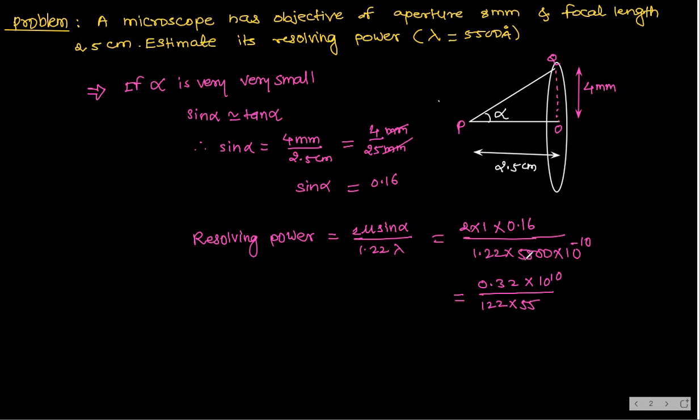These two zeros means this 122 into 55, right? तो अब ये जो 0.32 है, इसको हम डिवाइड करेंगे 122 into 55 से. ये आ जाएगा 4.769 into 10 to the power -5 into 10 to the power 10. तो ये आ जाएगा 4.769 10 to the power +5. है कि नहीं? This is what resolving power.